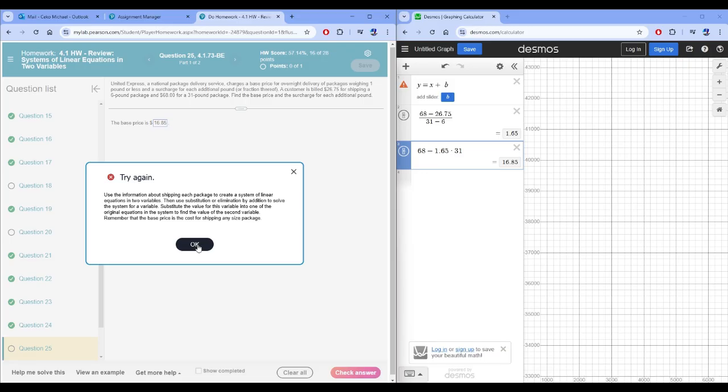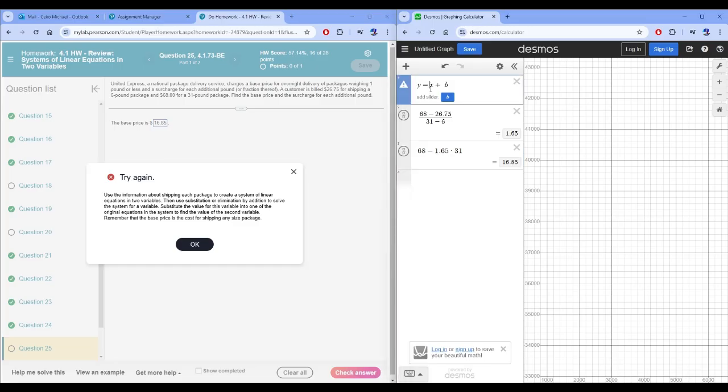No? $68 equals mx plus b, right? m is $1.65. x is 31 pounds. That is equal to b.